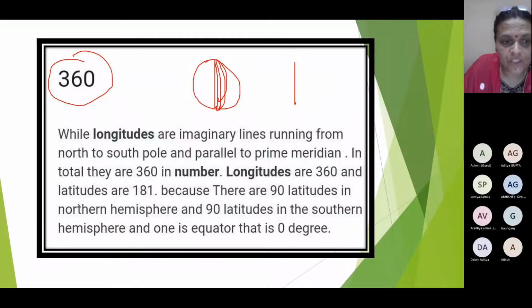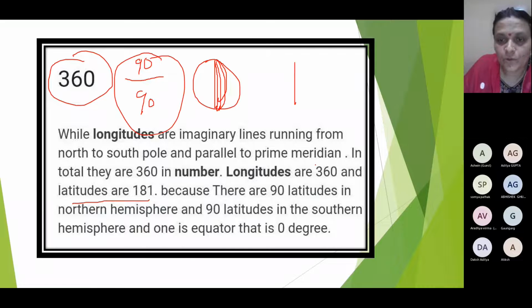Latitudes are 181: 90 in the north, 90 in the south, and one is the equator. So 90, 90 plus 1, 181 are the latitudes. Longitudes are 360.